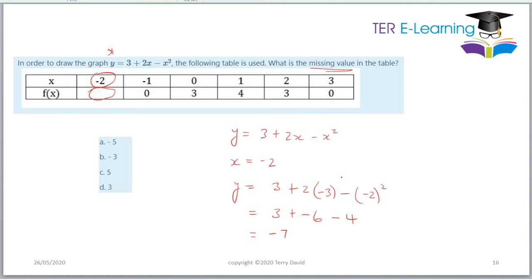Oh wait, sorry, I made a mistake. Yes, this is minus 2. Yeah, this is minus 2. So this here should be minus 4. So yeah, that's my bad. So the answer is minus 5. Alright, so the answer is E. Yeah, I saw the mistake. I wrote the wrong thing in the brackets. So the answer is minus 5.